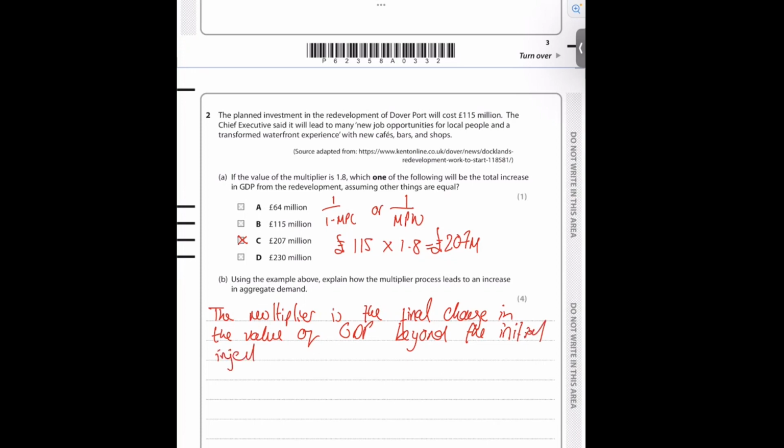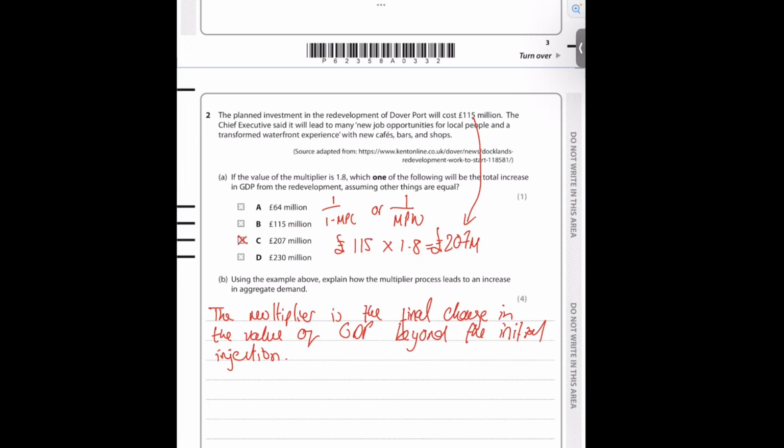So in the case above, the initial injection is 115 million, but the total impact as caused by the multiplier is 207 million. So there is a 92 million pound increase in the value of GDP as a result of the multiplier. So that's the one bit.